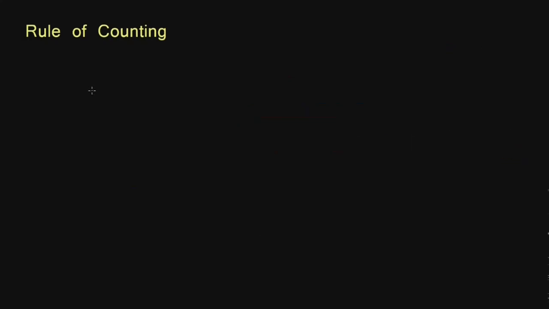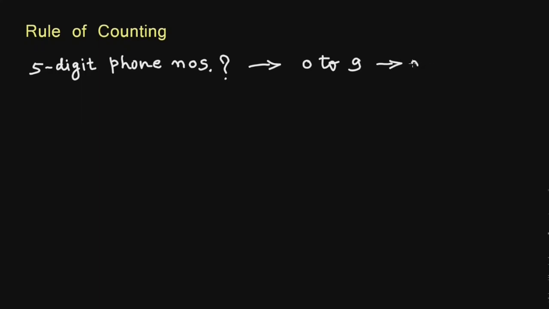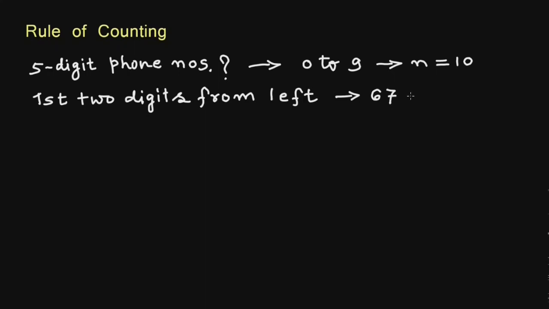We have to find how many 5-digit telephone numbers can be constructed using the digits 0 to 9. That means in this case, the total number of digits will be 10. Each number starts with 67, which means the first 2 digits from the left should always be 67, and there is a condition that no digit appears more than once. That is, repetition of digits is not allowed.